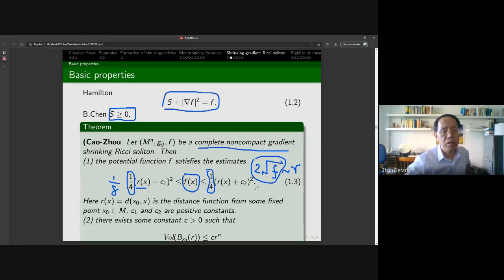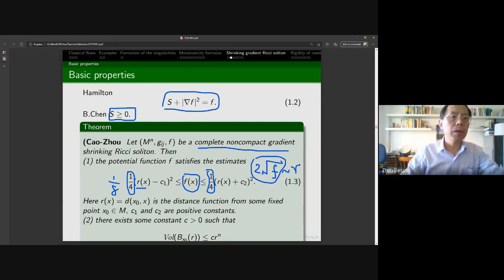Of course, the distance function is not always smooth, but this function is smooth. So in many cases, you can just use the potential function instead of the distance function to get some estimates.